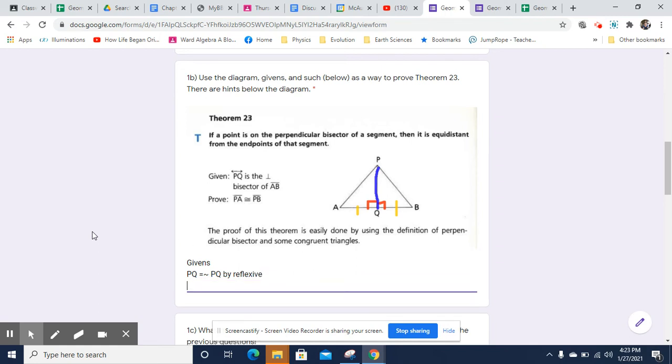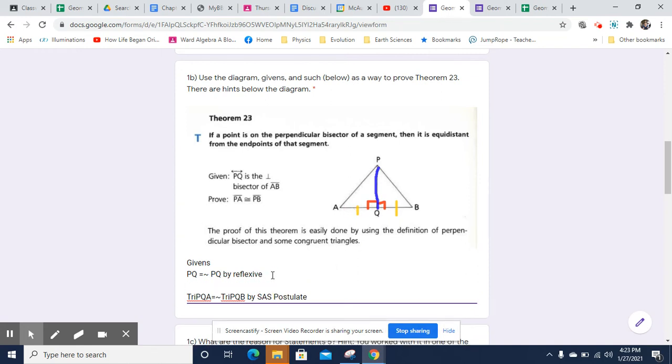And once I've done that, I can say triangle PQA is congruent to triangle PQB by side angle side postulate. Because PQ is congruent to itself, angles PQA and PQB are congruent because they're right angles, and AQ and BQ are congruent.